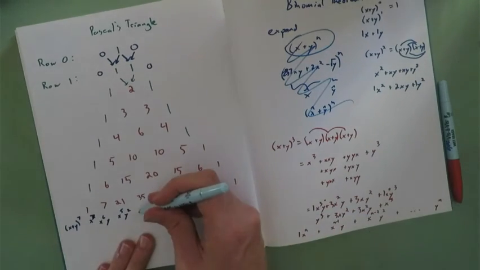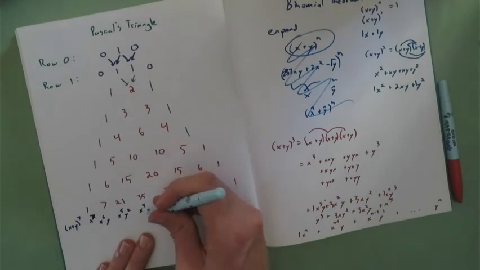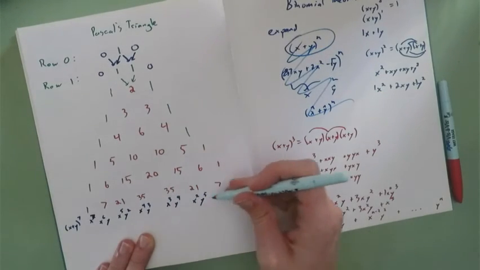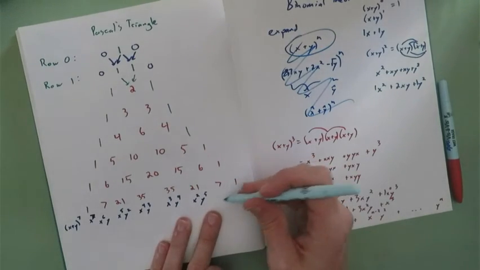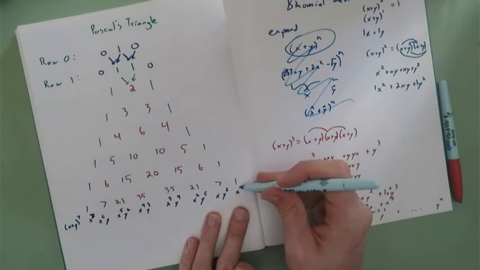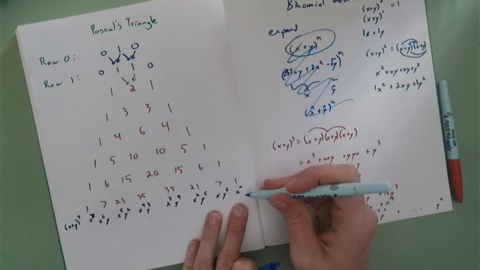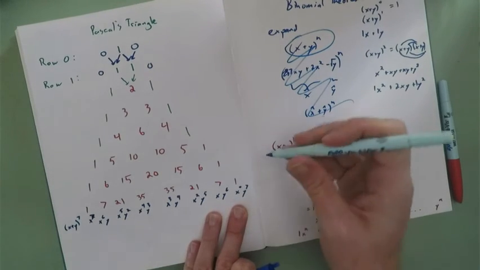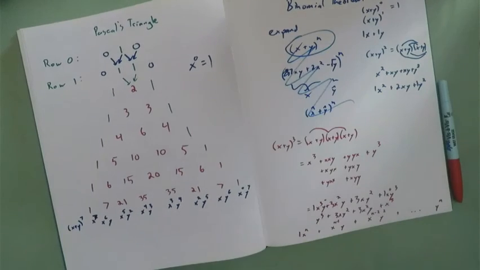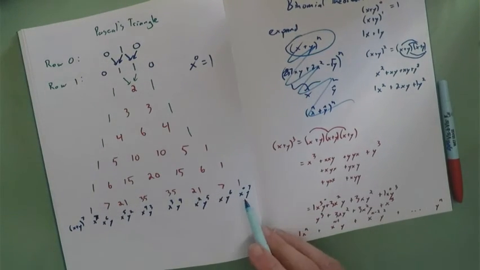We're going to have 35 of x to the 4 y cubed, x cubed y to the 4, x squared y to the 5, x to the 1 y to the 6, x to the 0, which is just 1, times y to the 7, right? X to the 0 equals 1 for any value of x, which is just a nice little extra element.